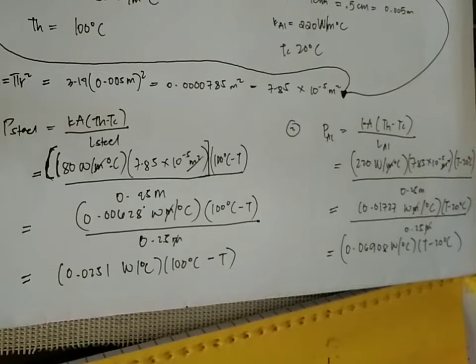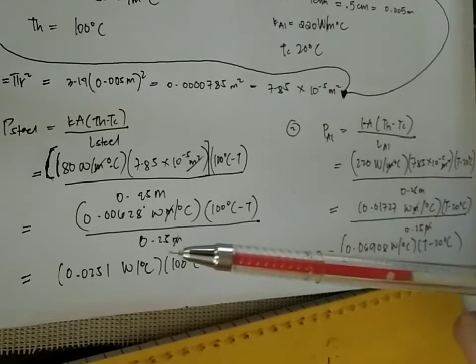After that, we multiply the thermal conductivity and the area, which results in 0.00628 watt meter per degree Celsius, since the meter squared was partly cancelled. Meter multiplied by watt per degree Celsius is watt meter per degree Celsius, multiplied by 100 degrees Celsius minus T all over 0.25 meter.